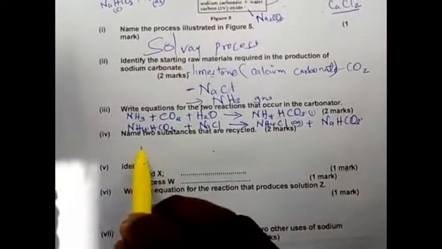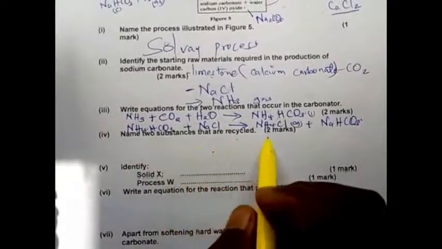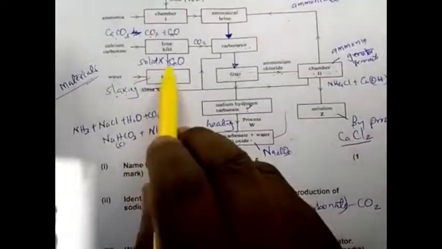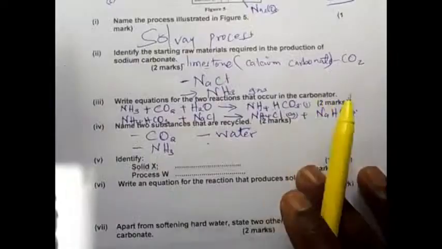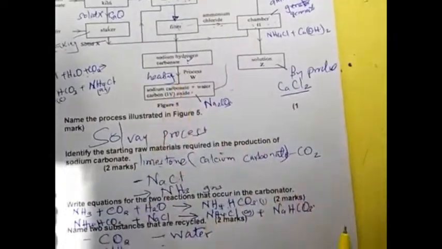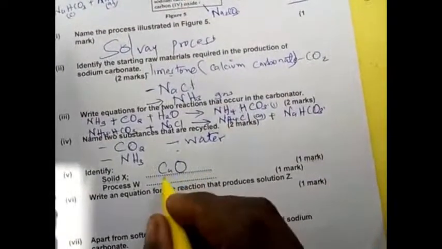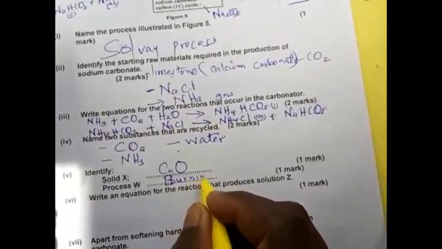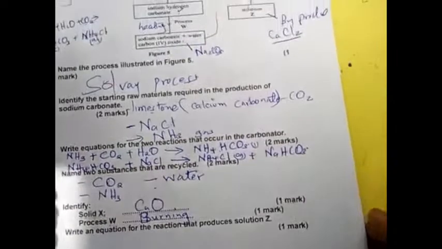Name two substances that are recycled. Substances that are recycled in this process, even water is. So the next is calcium oxide. It's combustion, burning. It's calcium chloride.